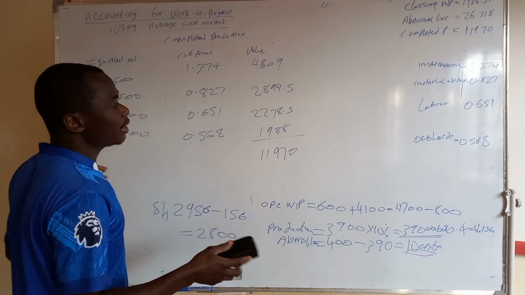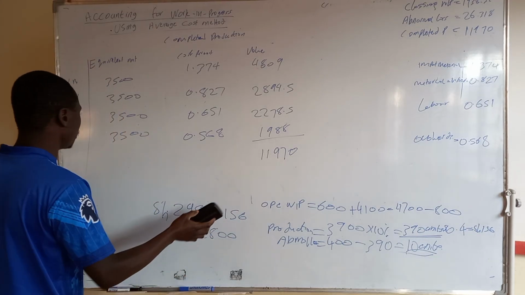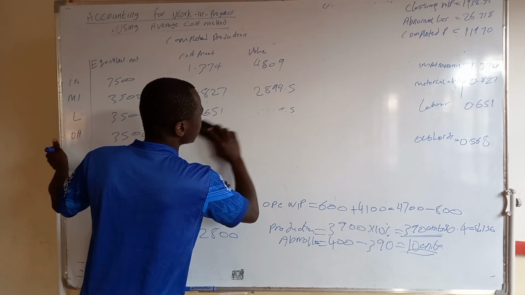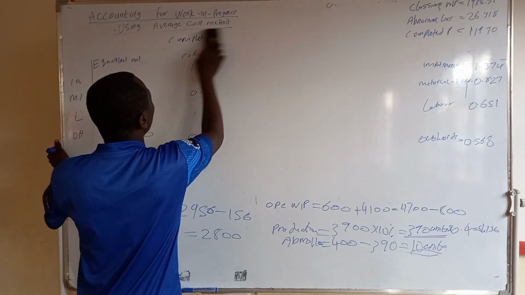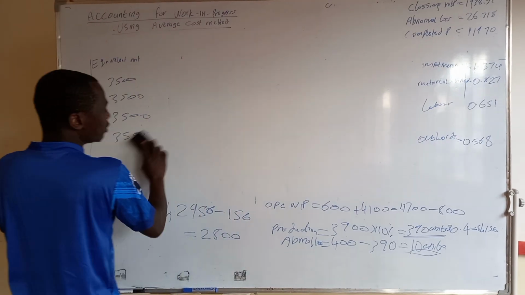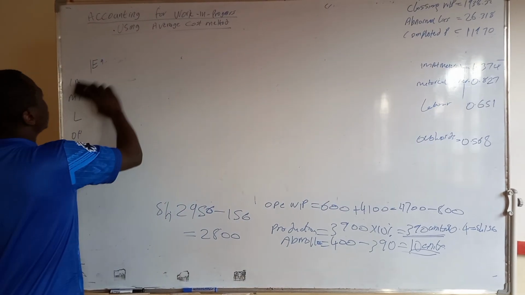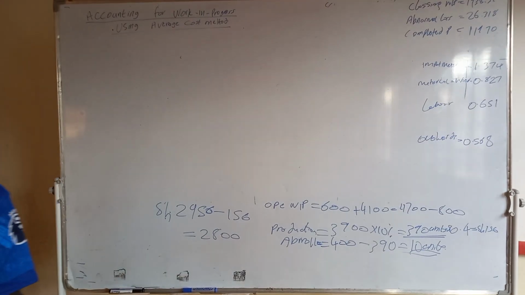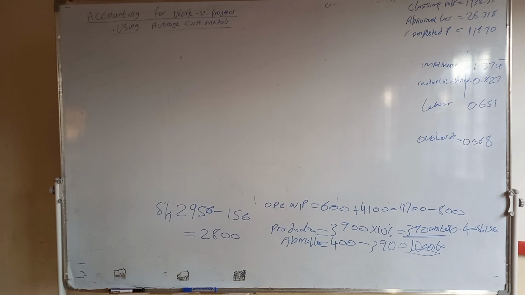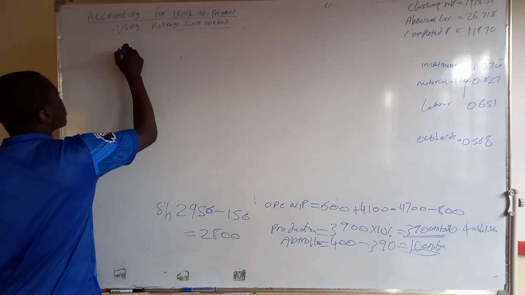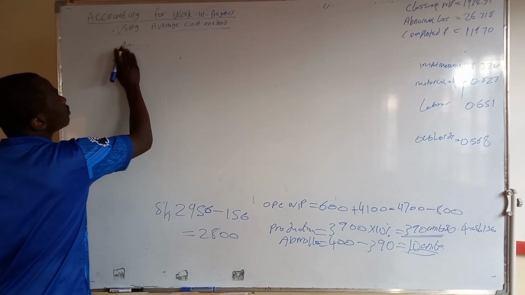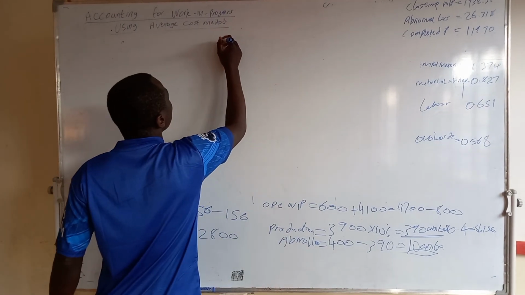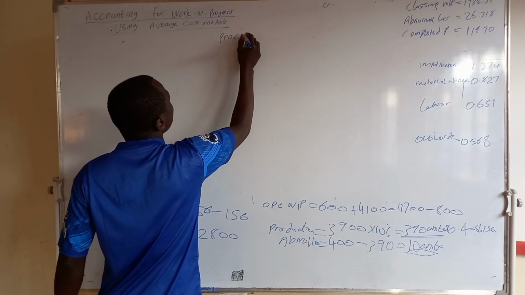Now, having done that, we can now prepare our account. We have everything that we need. Now this is process 2. Let us put this somewhere in the middle.